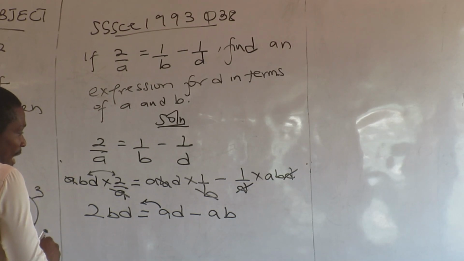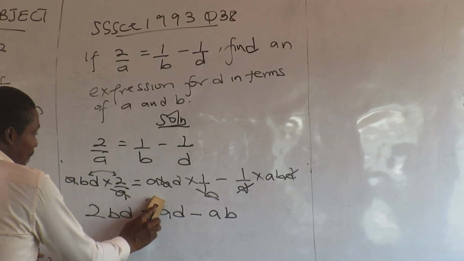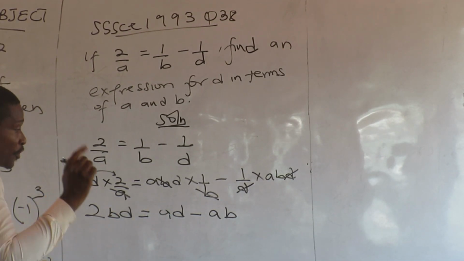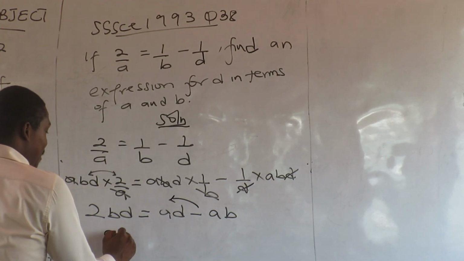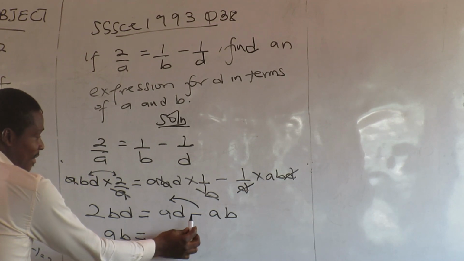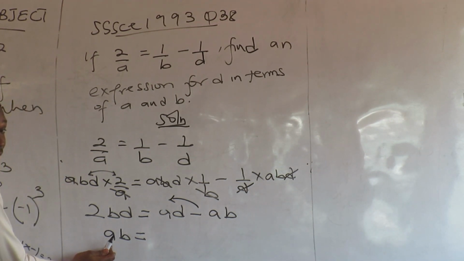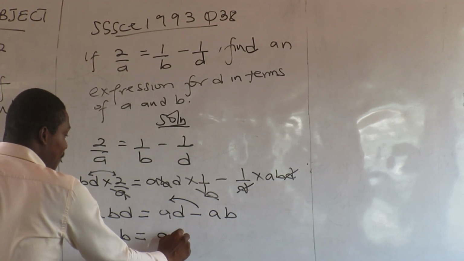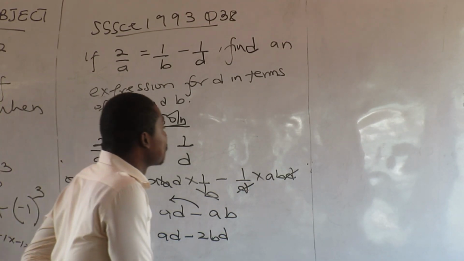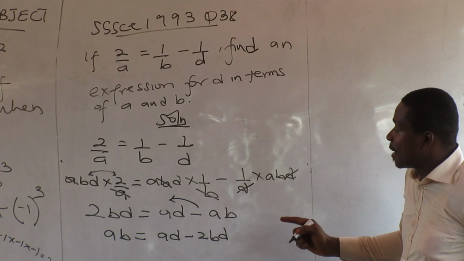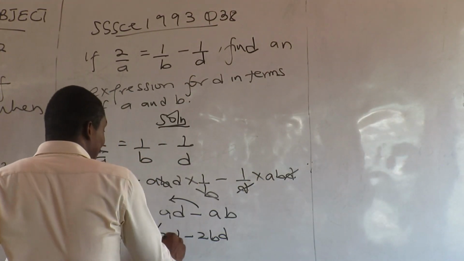I want to solve this way. I'll solve it in two forms for you. I carry this one here, agree? And there's a negative here; I'm trying to avoid a negative. 2BD. Now I can factor D out.